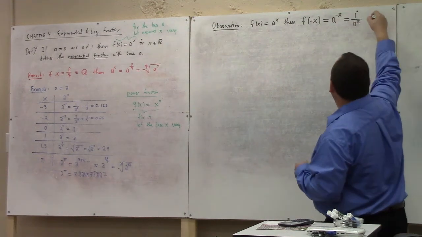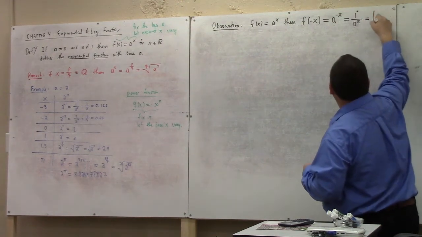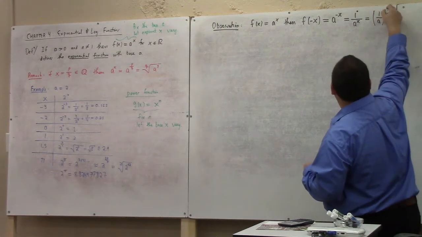By another law of exponents, we write this as 1 over a to the x.